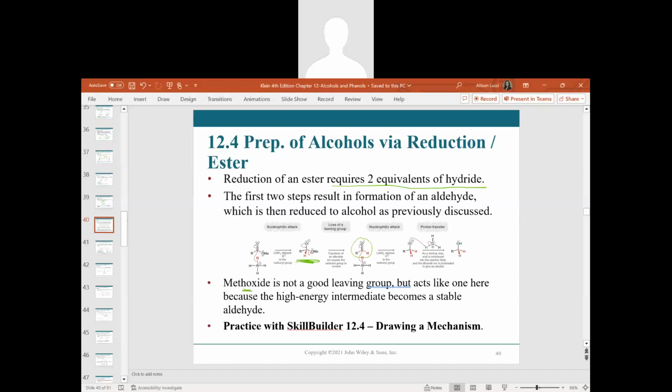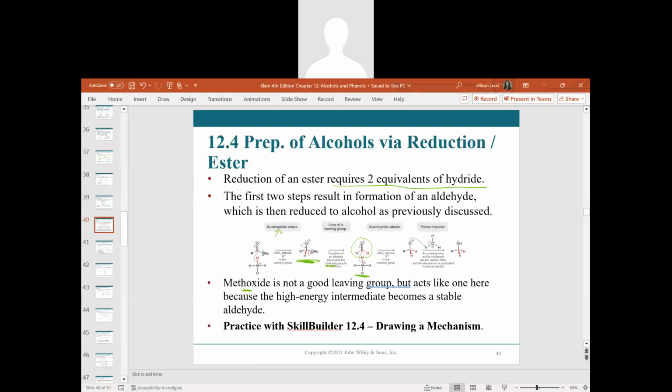So the carbonyl reforms, so we need that second hydride delivered to reduce it again. So we have, again, a nucleophilic attack, loss of leaving group, and then reformation of that carbonyl.